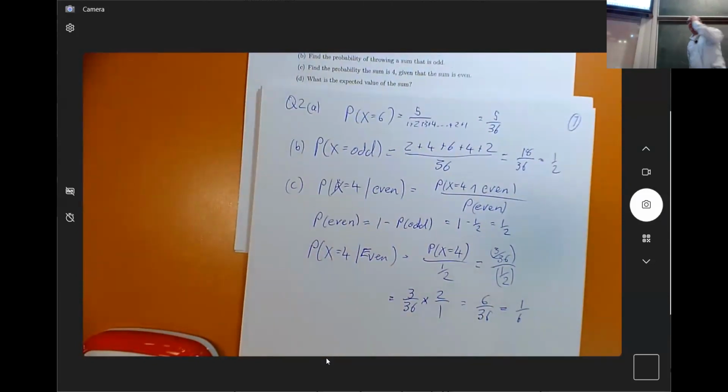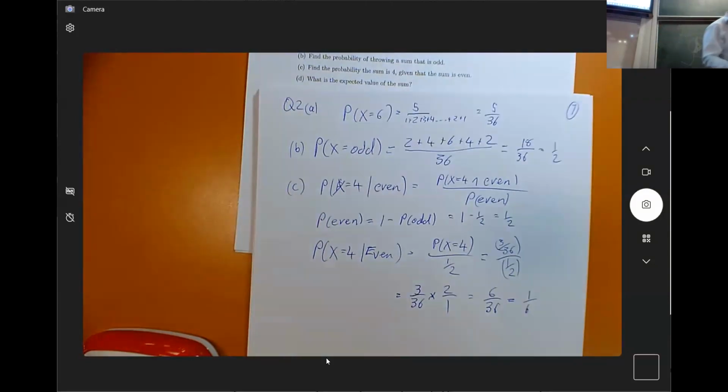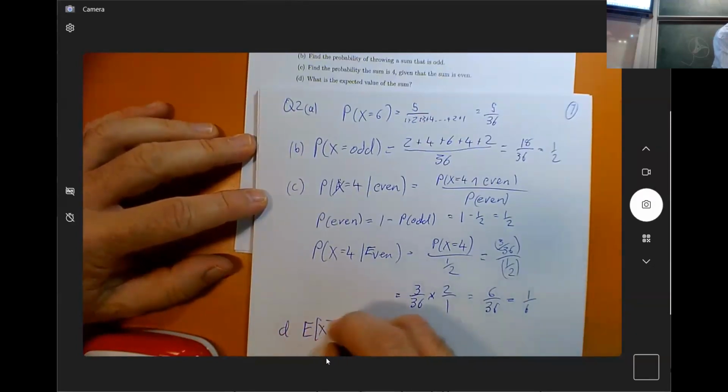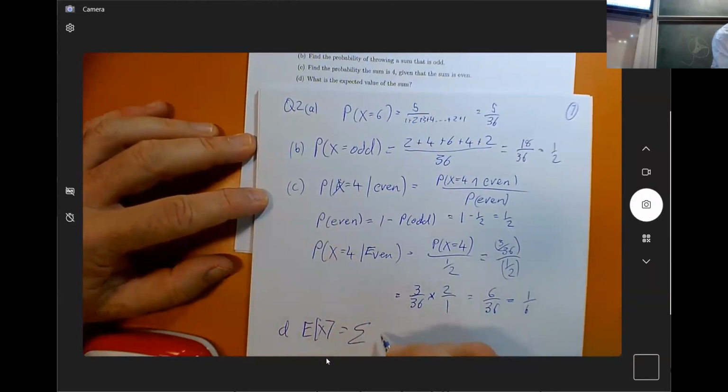What is the expected value of the sum? Okay. So to work out the expected value, part D, the expected value of x is equal to the sum of xi times the probability x equals xi.